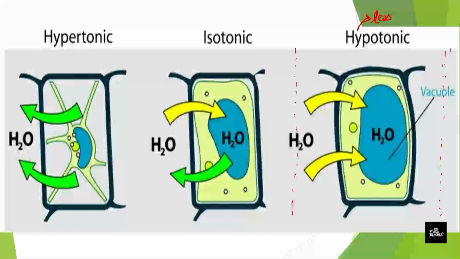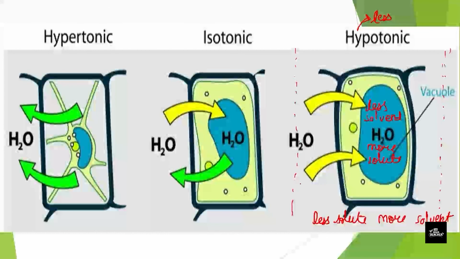So here the surrounding of the cell contains less solute. The outside of the cell contains less solute, more solvent. But inside the cell, just the opposite is present: less solvent and more solute.